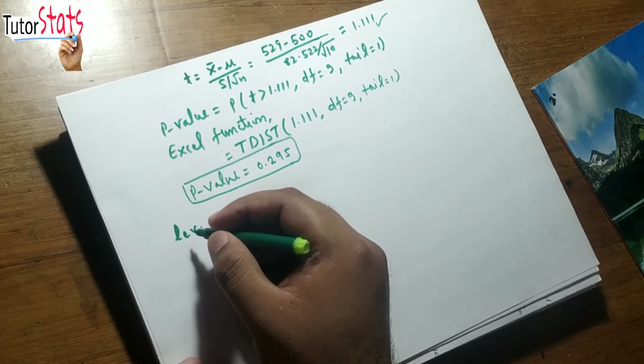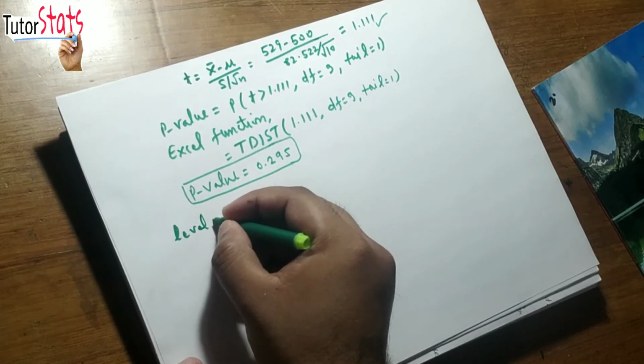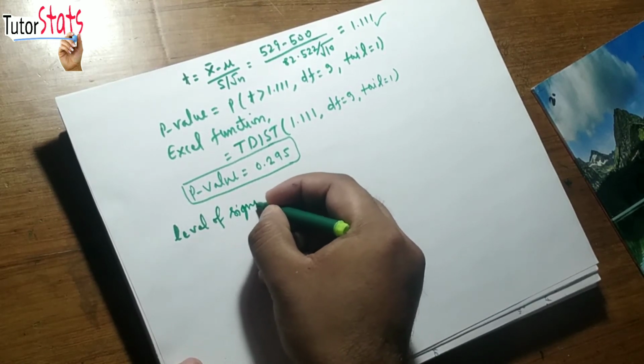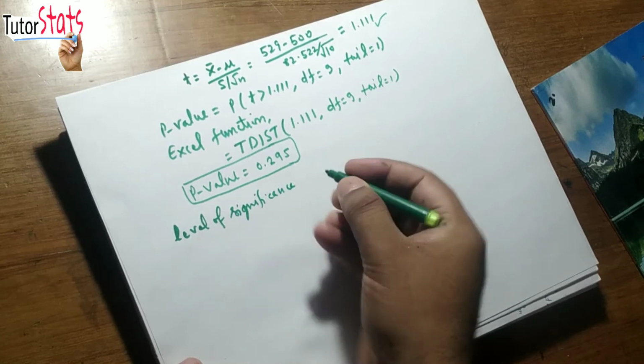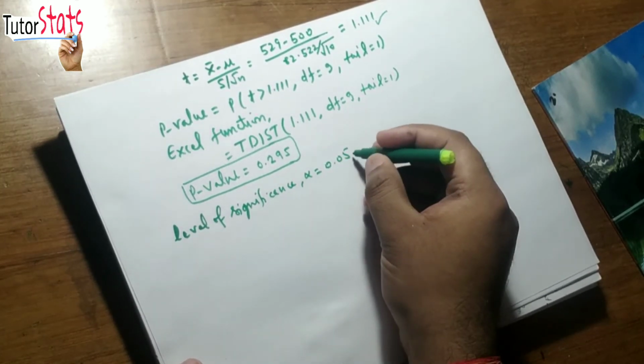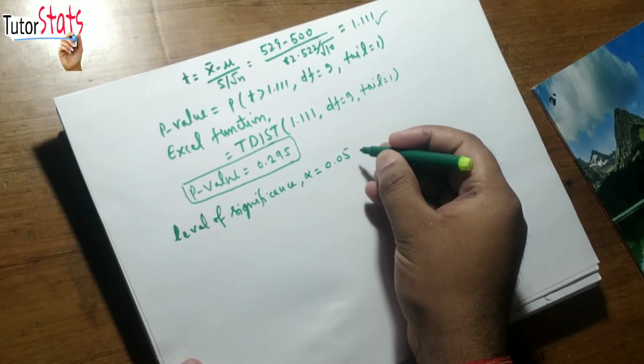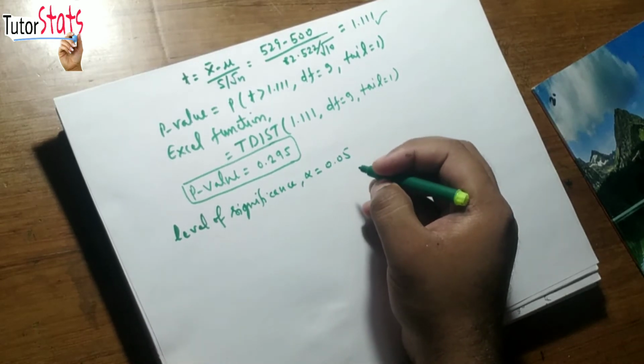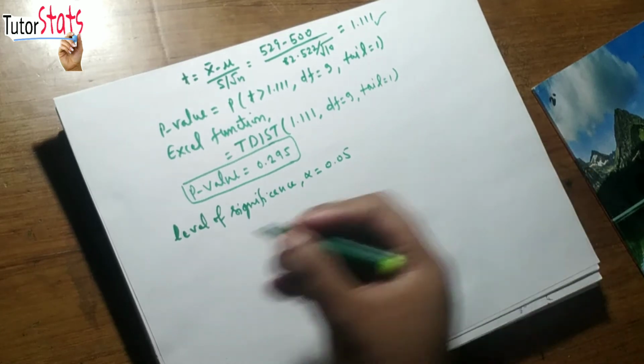Here we will choose level of significance alpha 0.05. So at the 5% level of significance, we will test our null and alternative hypothesis.